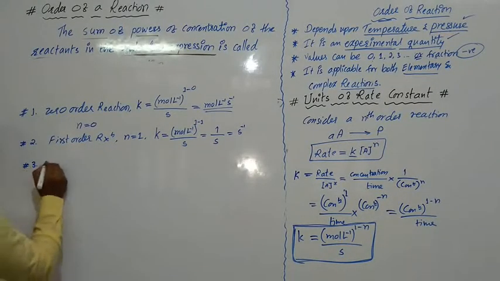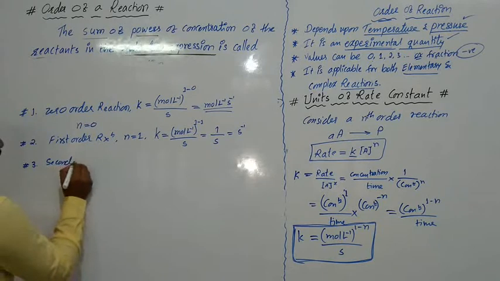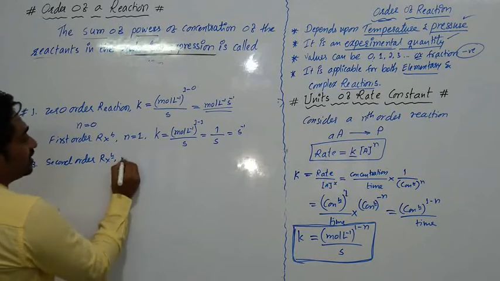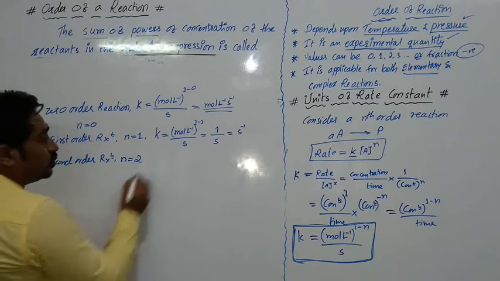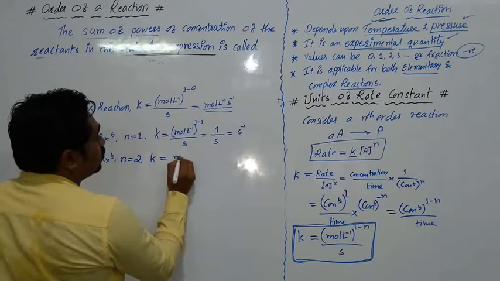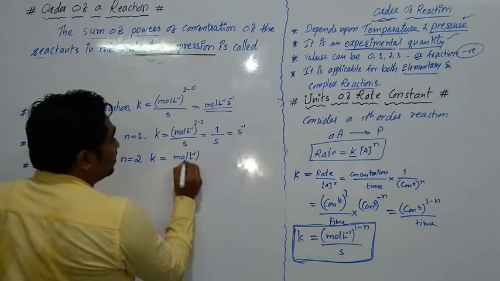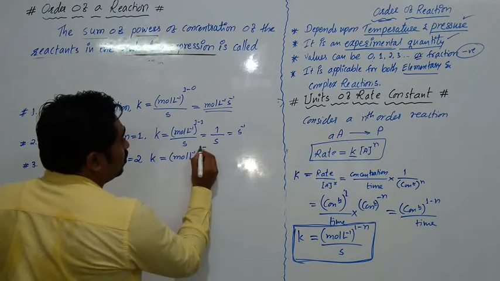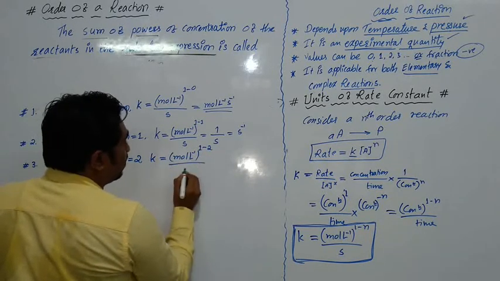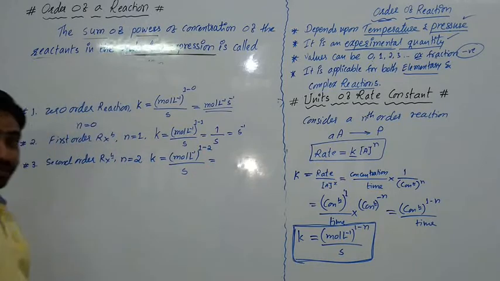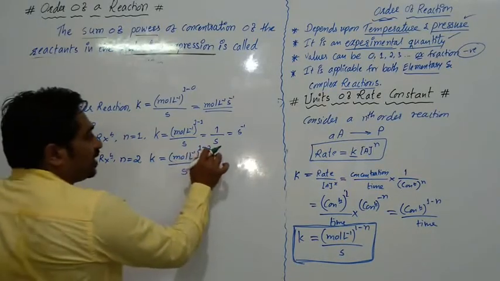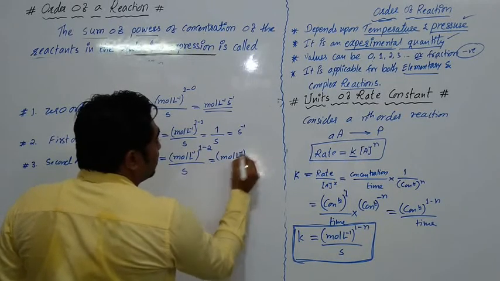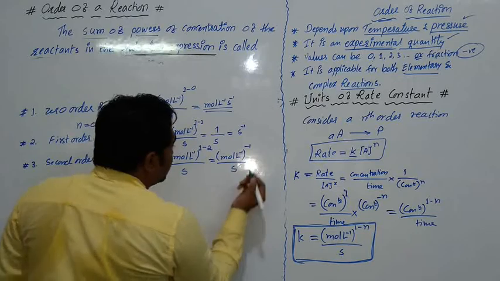And the third one, second order reaction. For a second order reaction, n is equal to 2. K is equal to mole per liter raised to 1 minus 2 divided by S, S meaning second. Here 1 minus 2 means mole per liter raised to minus 1 divided by second.